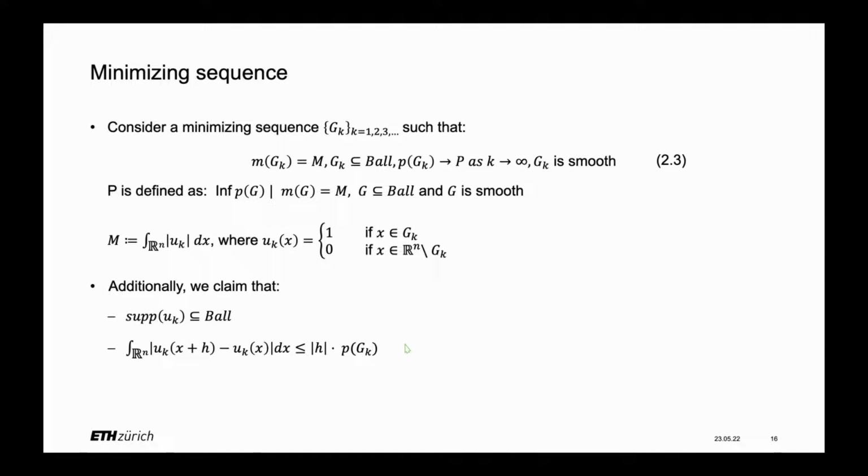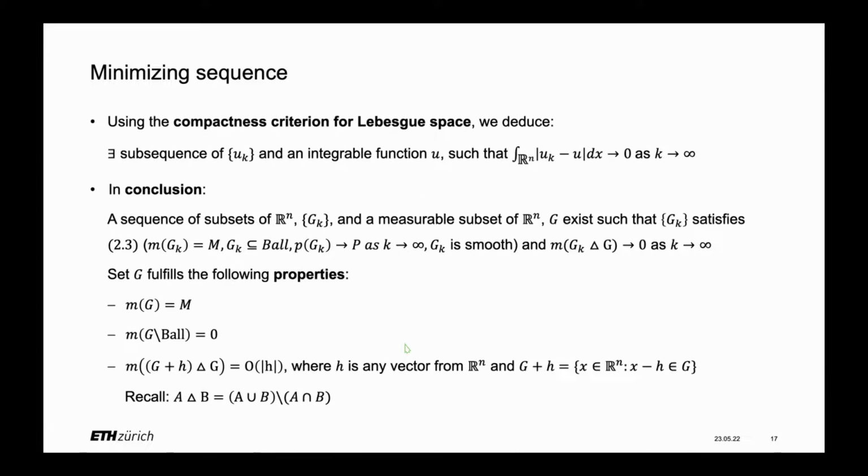Okay? So now we use the compactness criterion for the Lebesgue space, which we have seen before as the restriction we use. And we deduce that there actually exists a subsequence of u_k and an integrable function u such that the integral over R^n of the absolute value of u_k minus u dx goes to 0 as k goes to infinity.